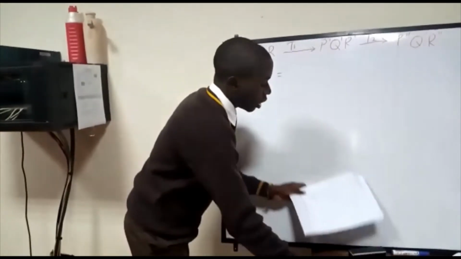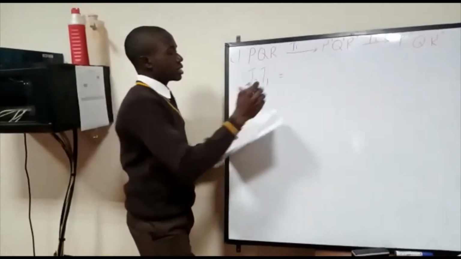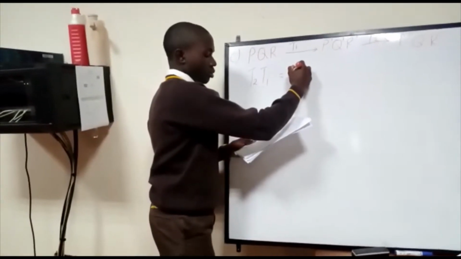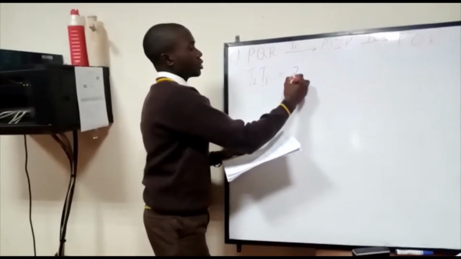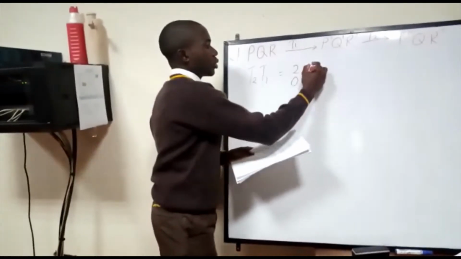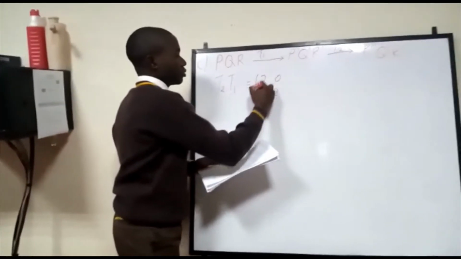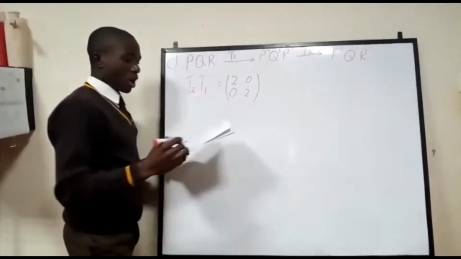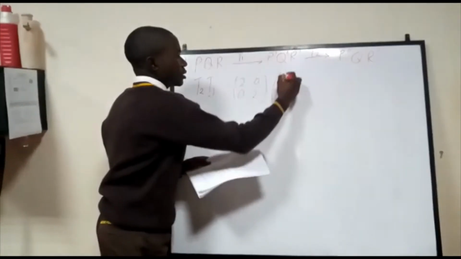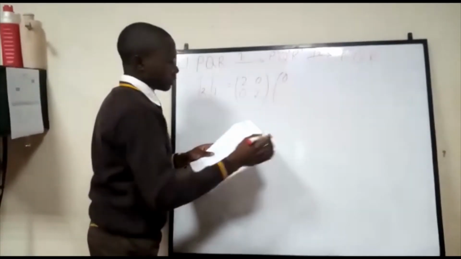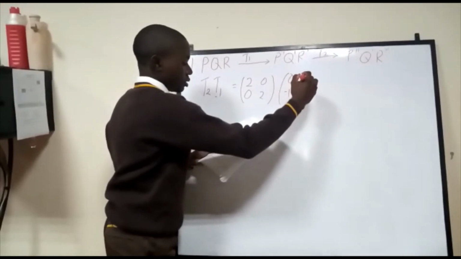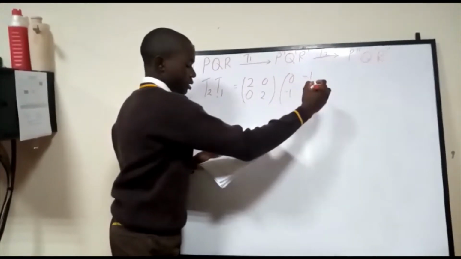Our T2 was 2 0, 0 2, and our T1 was 0 -1, -1 0.